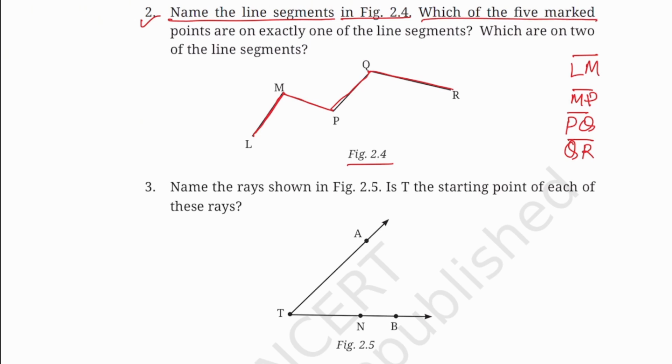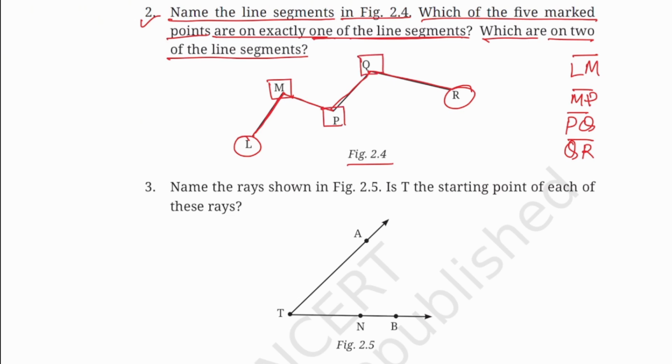Which of the 5 marked points are on exactly one of the line segments? You can see point L and point R are on only one line segment. You can see point M, point P, point Q are on two line segments.